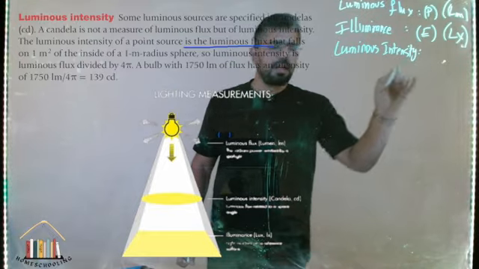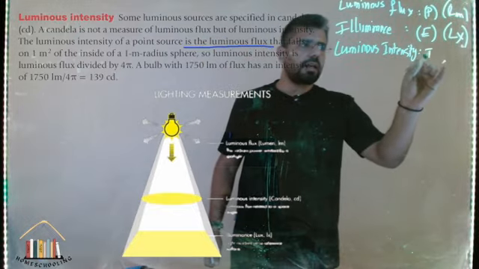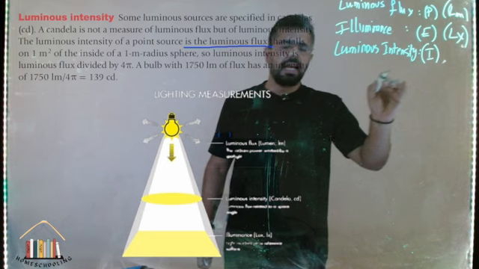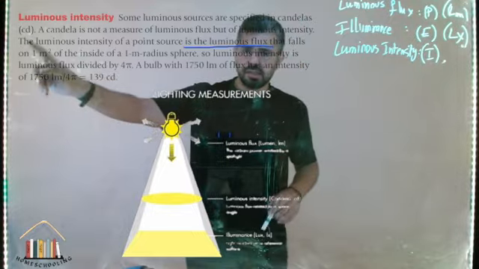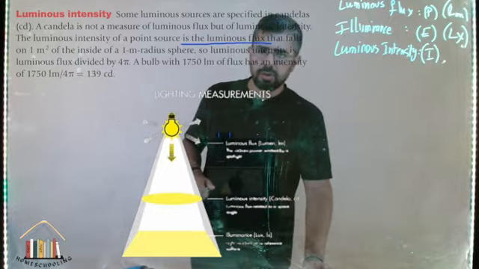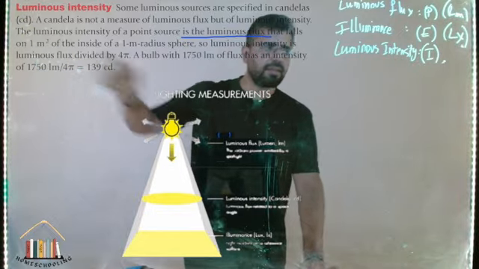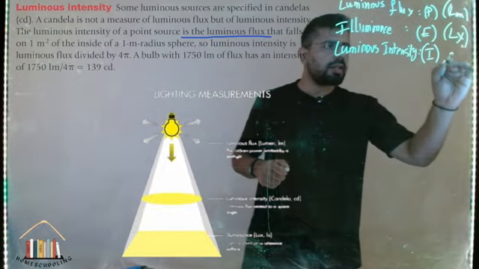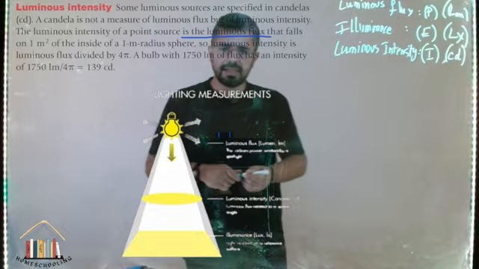In this chapter, let's consider the luminous intensity as I, capital I, and the unit is candela, CD. So let's read it. Some luminous sources are specified in candelas, CD. So this is the unit of the intensity of the light.